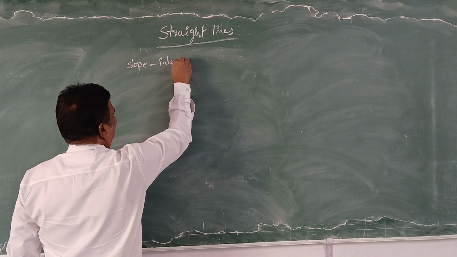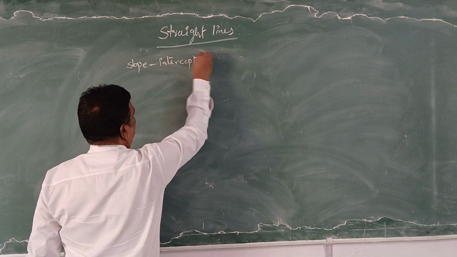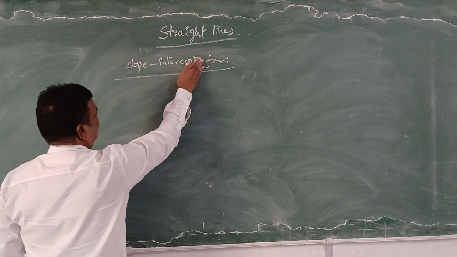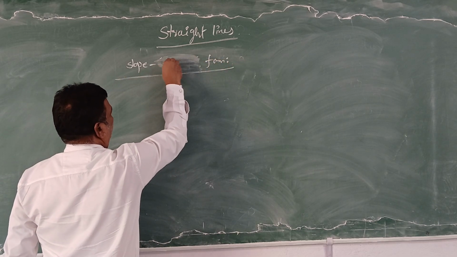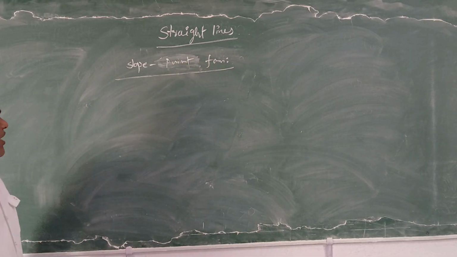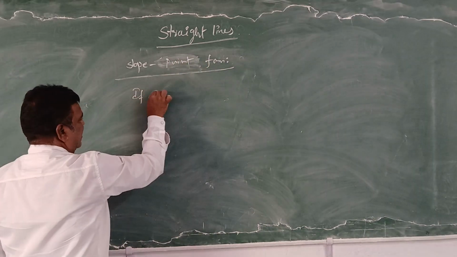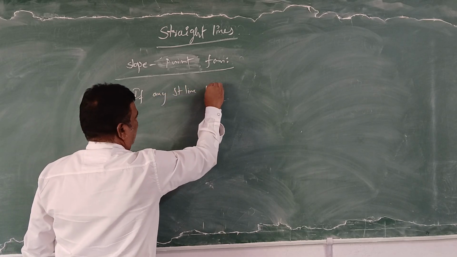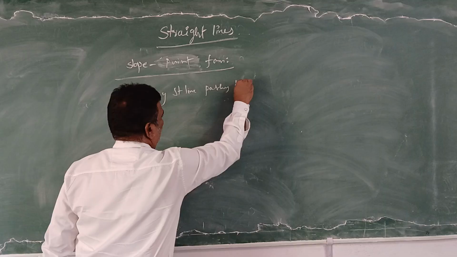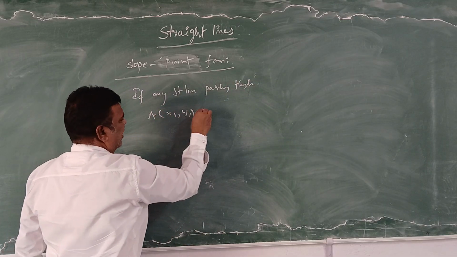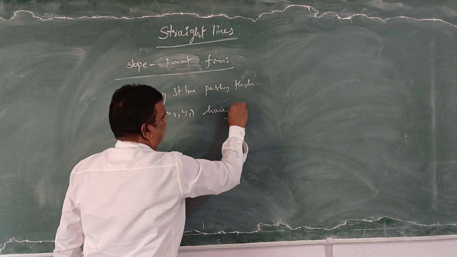Slope intercept form, or slope point form. Slope point form. If any straight line is passing through A (x1, y1) having slope m.